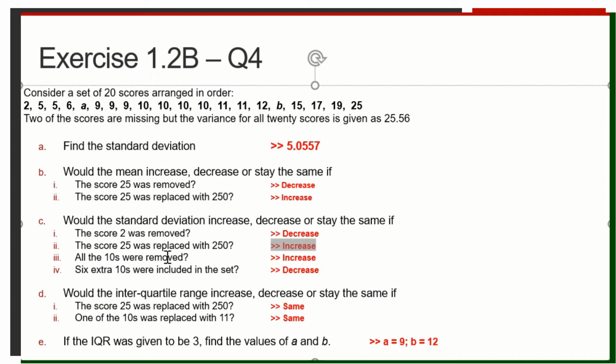All the tens were removed. What are the tens in your data set? The tens is your mode. What is mode? The data that repeats the most. When you have something that is repetitive in your data, what does that tell you? Your data is consistent. Let's say I've marked your maths, and all of you get 85, 86, 85, 85, 85. That means your marks are consistent.